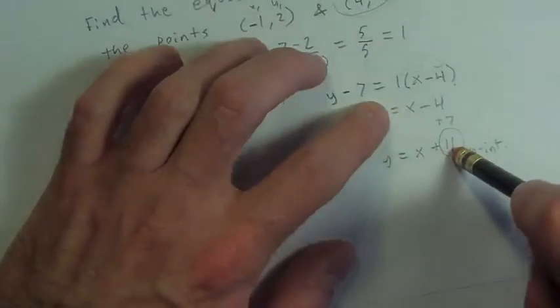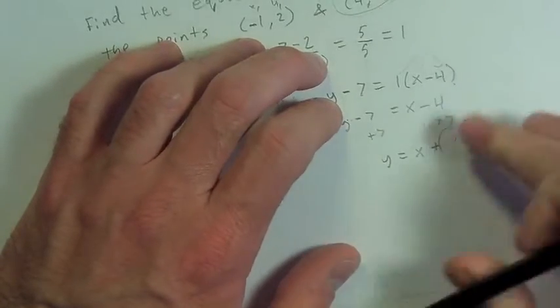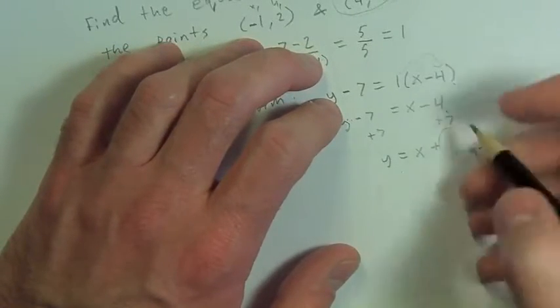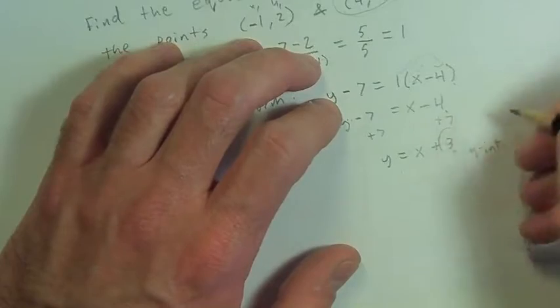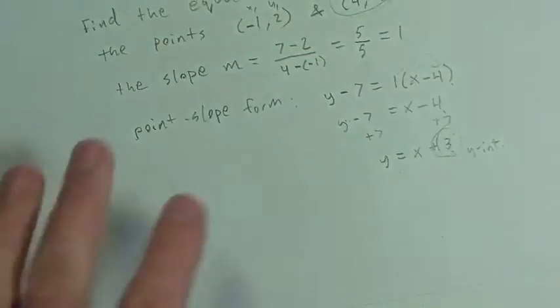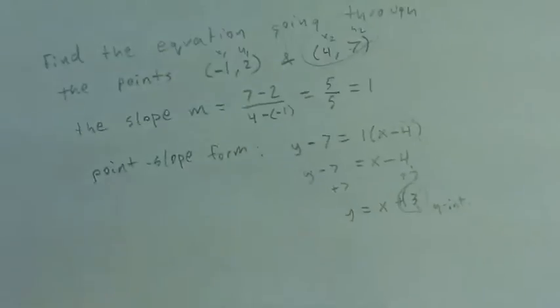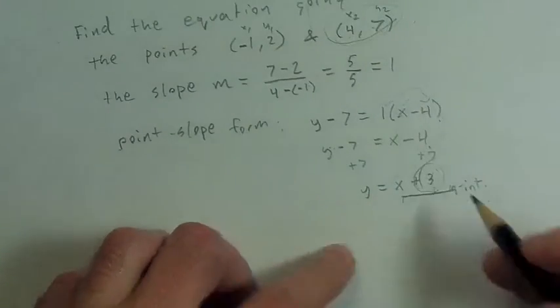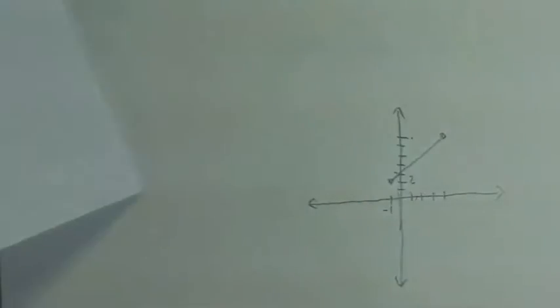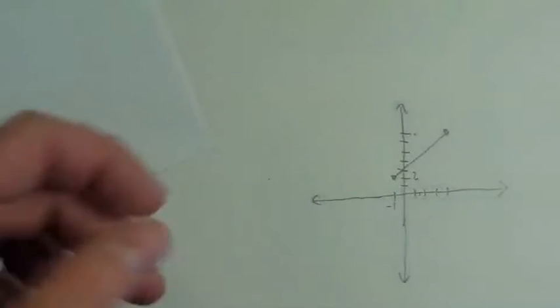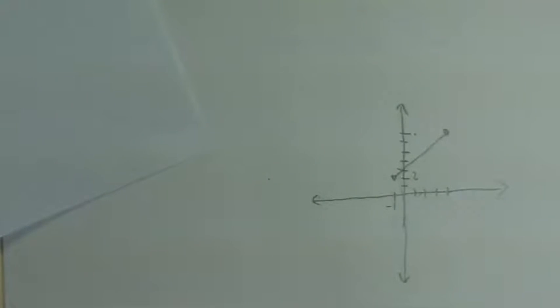And I realize I made a mistake here. The -4 plus 7 should be 3. My bad about that. Sorry. But notice when I graphed it, I immediately realized I'd done something wrong.